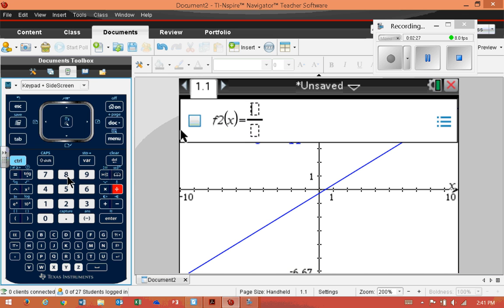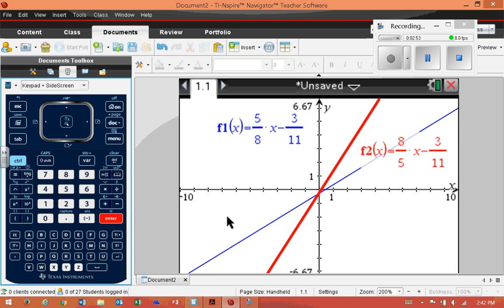I believe our graph this time was 8 over 5 x, minus control divide, and then 3 over 11. And I press enter, and now we have our two graphs.